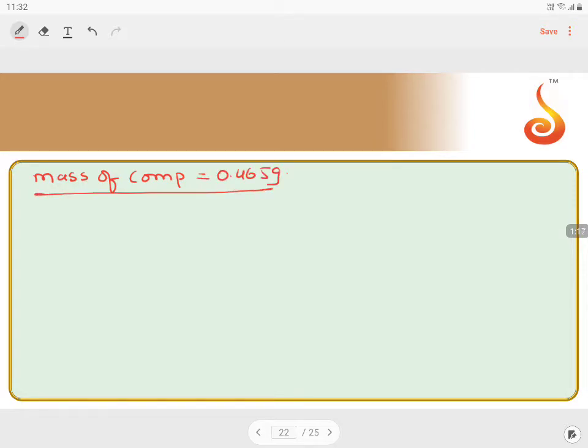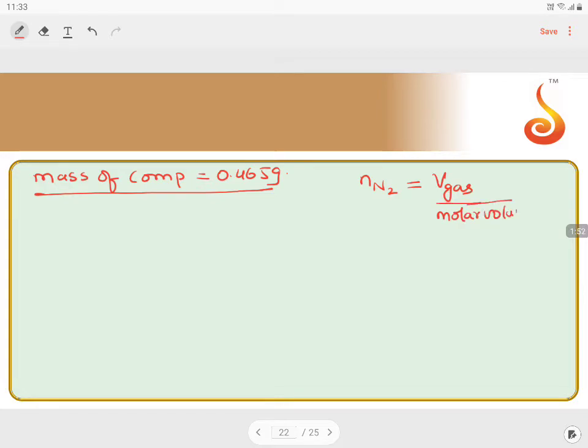If I fix this one, then the volume of nitrogen should be taken for 2 times of that particular one. So we have the number of moles of nitrogen, which is equal to volume of gas at STP by molar volume at STP.